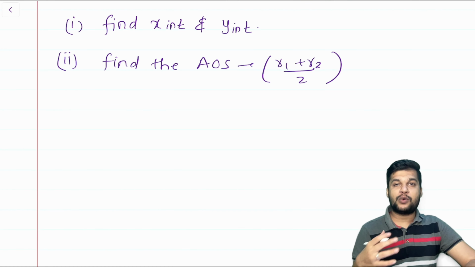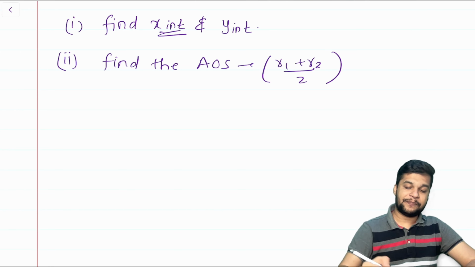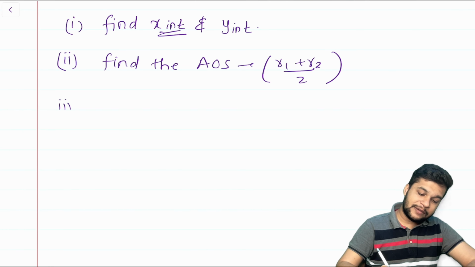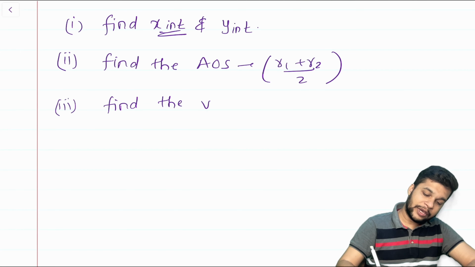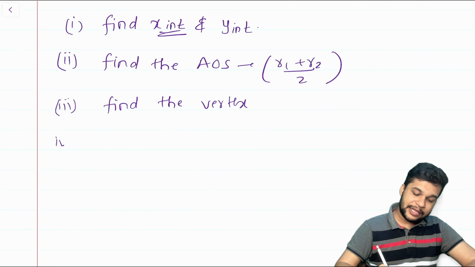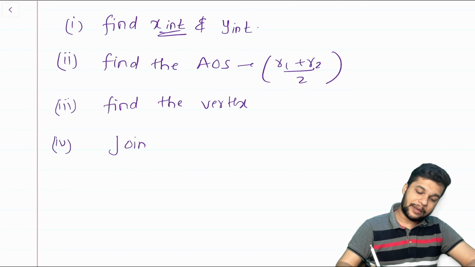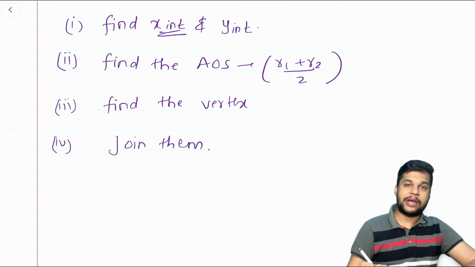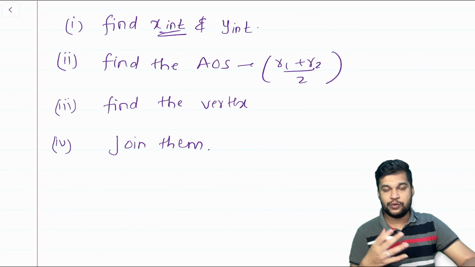Okay, r1 and r2 are your roots or x-intercepts. And the third step is find the vertex. Okay, so you will have these 3-4 points on your graph paper and then join them. Lastly, join them. Once you join, you get the quadratic curve.